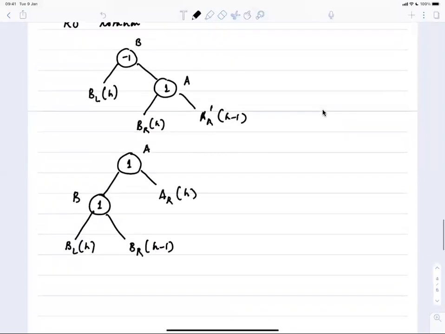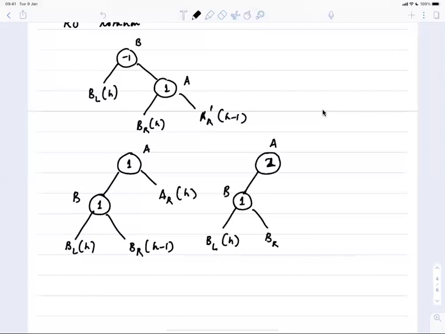Now again, deletion happens on the right subtree of A. Then this becomes 2, and BL will be H, BR H minus 1, because balance factor is 1 here. I have AR prime here, which is H minus 1.